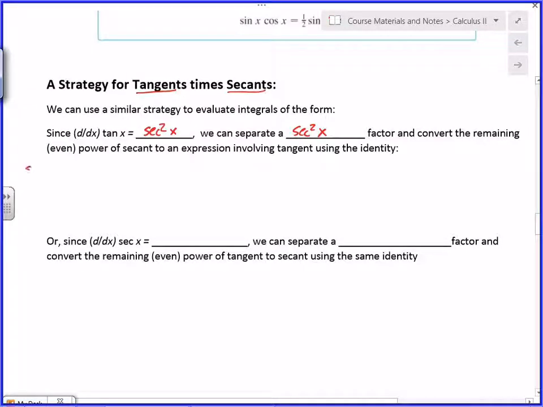You remember this one, right? Sine squared of x plus cosine squared of x equals 1. Remember that from before? Now, if you divide everything by cosine squared, what does that give you? There's a tangent squared, right?